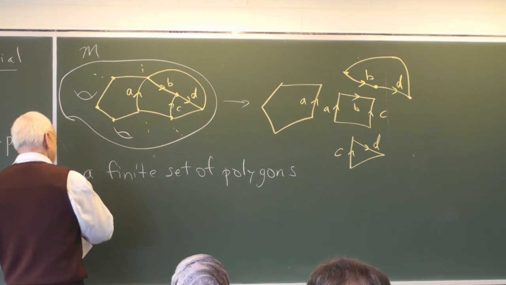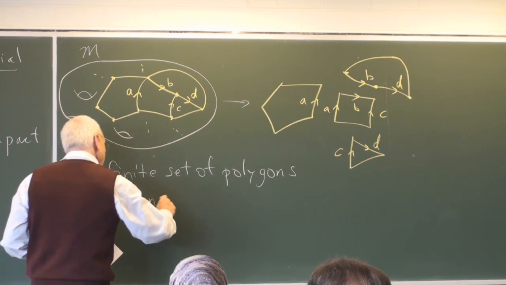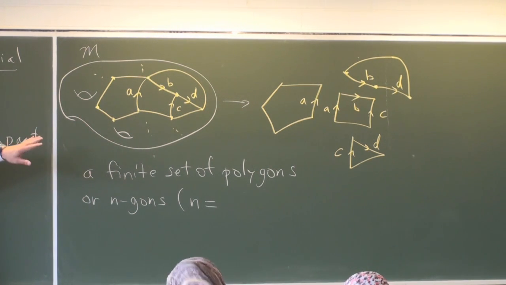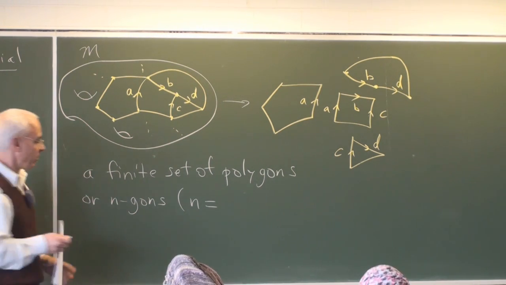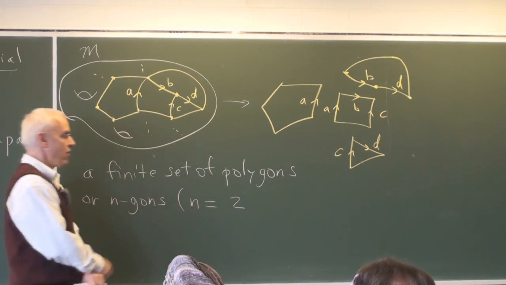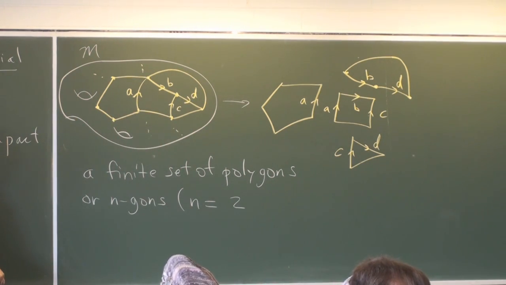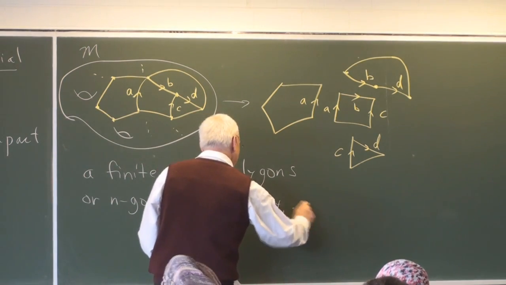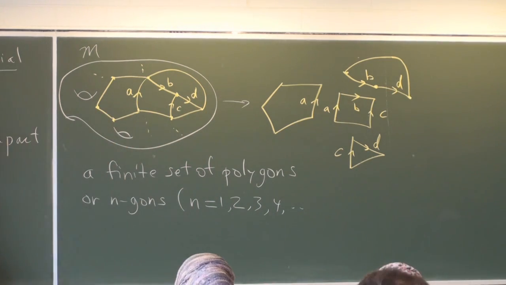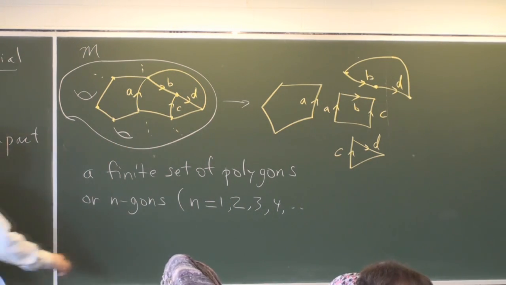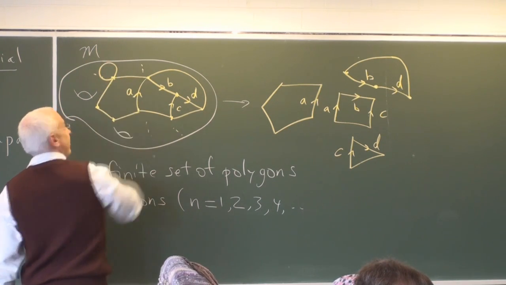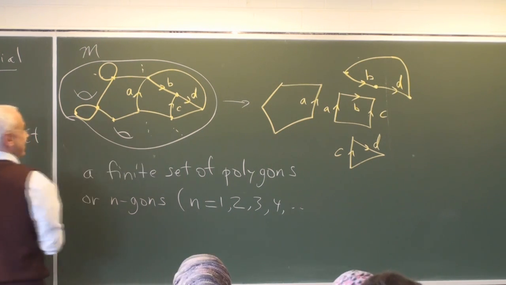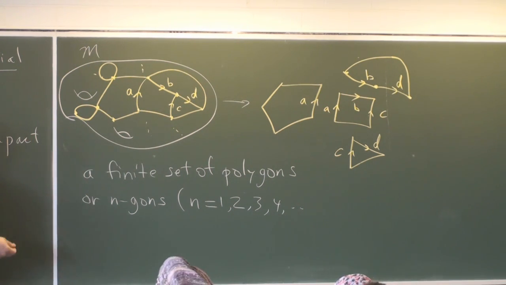So polygons or n-gons, where n is, well here we have triangular, quadrilateral, pentagonal pieces, but we could also possibly allow polygons with two sides. And so we can have 2, 3, 4, and so on. And perhaps we could even have polygons of one side. What would that be? Well, that would be something like a single edge like that. Or maybe we could have a polygon with two sides like this. Okay, why not?